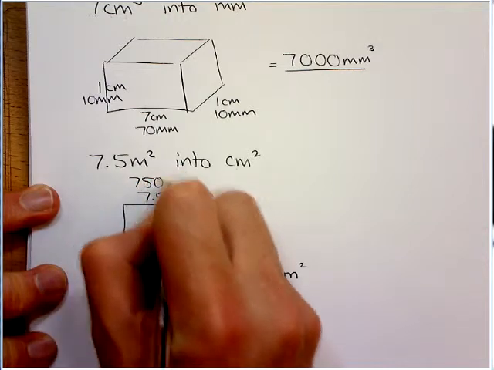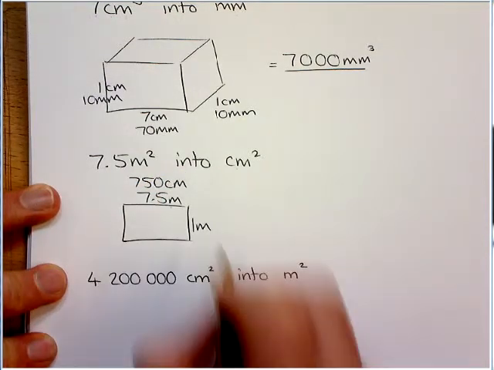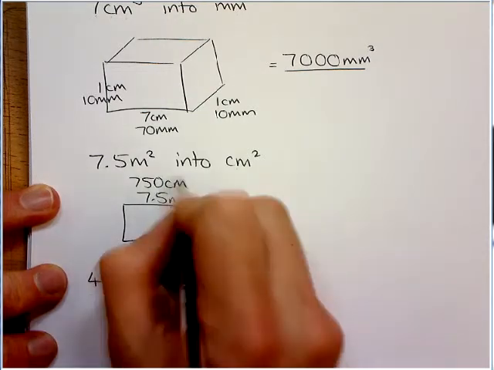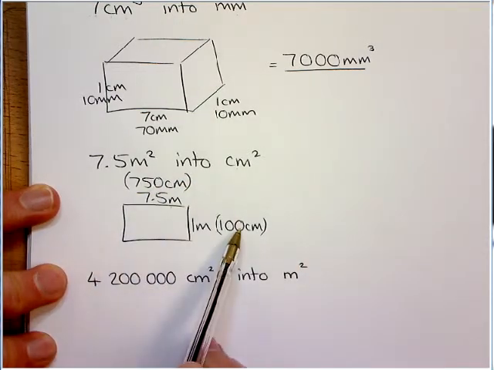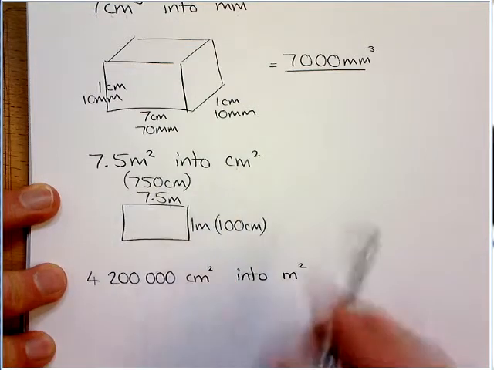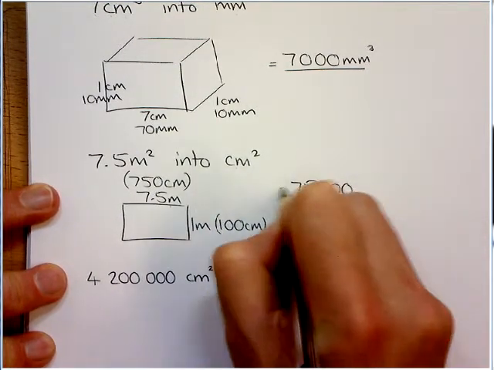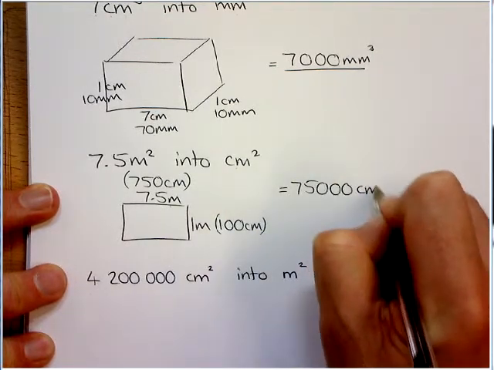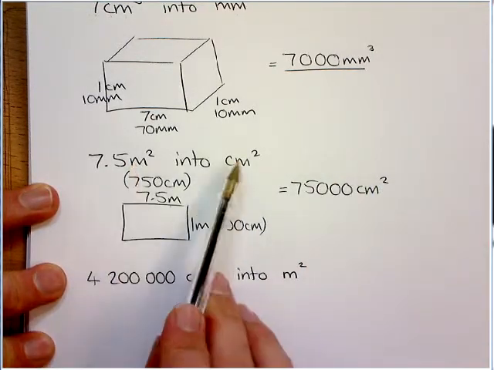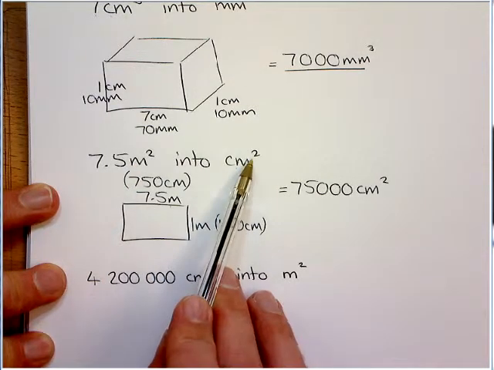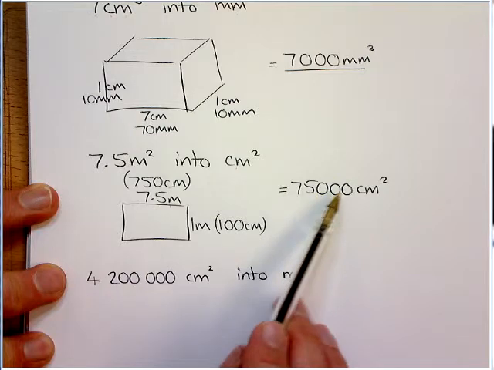So this is the same as that, and this one is also the same. So we're looking at these two numbers to turn it into centimeters squared. So 750 times 100, just adding our other two zeros. Again, we're using the conversion of 100 centimeters in a meter, but we're doing it twice because there are two dimensions. Times by 100 twice.